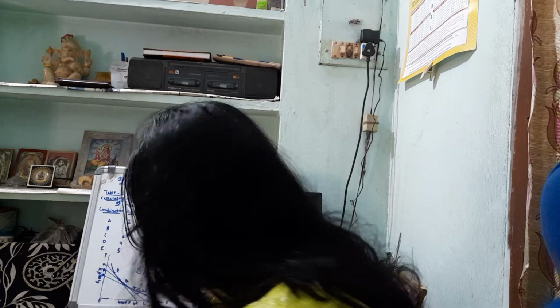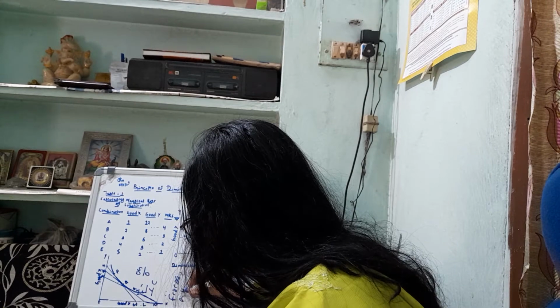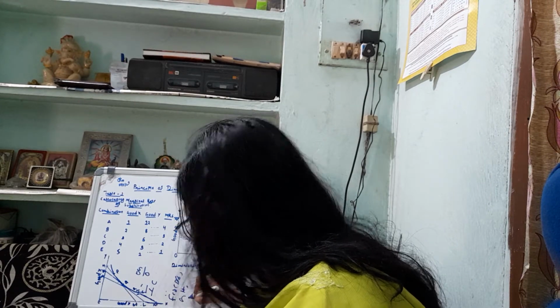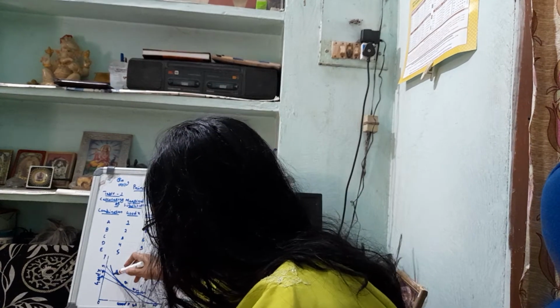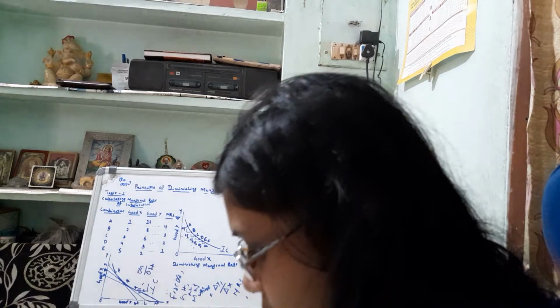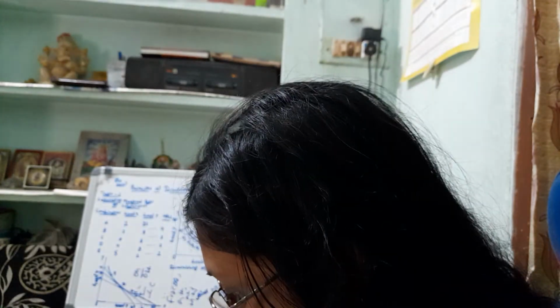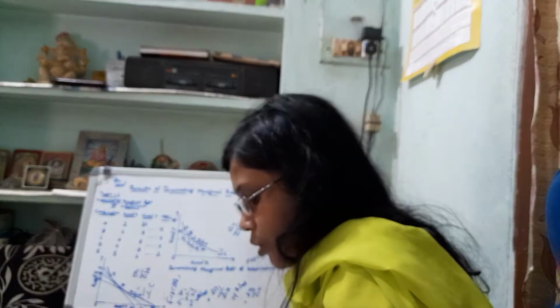The tangents GH, KL and MN are drawn at the points P, Q, R respectively. The slope of the tangent GH is equal to OG divided by OH. Hence, the marginal rate of substitution of x for y at point P is equal to OG divided by OH.